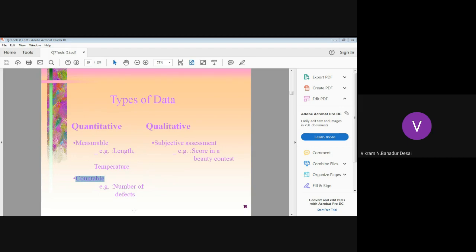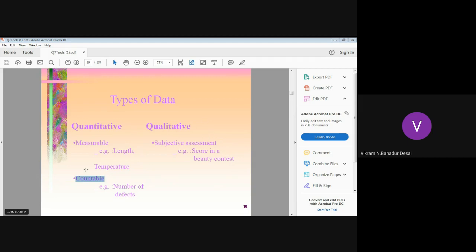Yes or no, success or failure, defect or no defect, number of defects, right? Qualitative means subjective: scores in a beauty contest, male or female, subjective assessment, right? That is qualitative data.